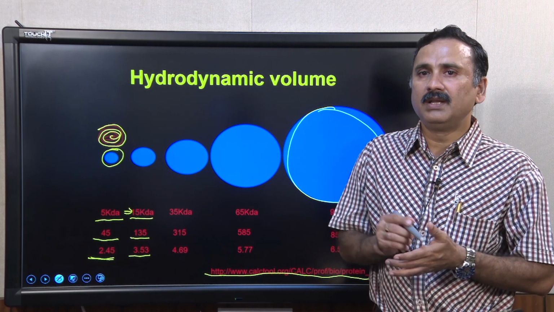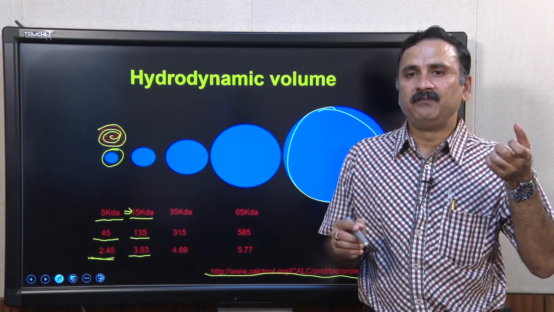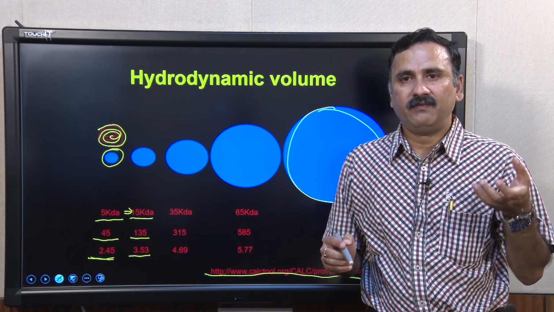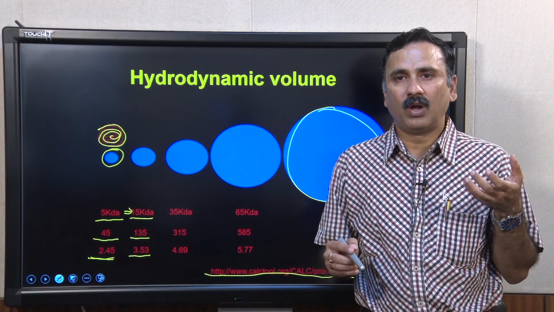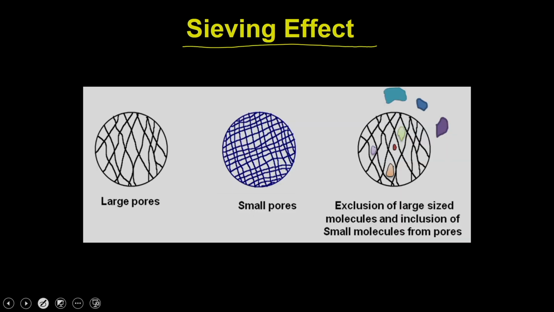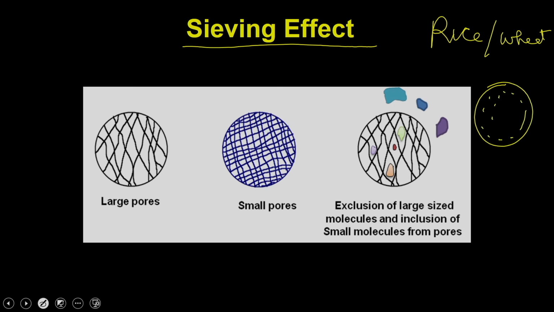You are going to take a sieve and filter them through small pores. If I have a mixture of rice and wheat, I will choose a sieve in such a way that its diameter is good enough for the rice.